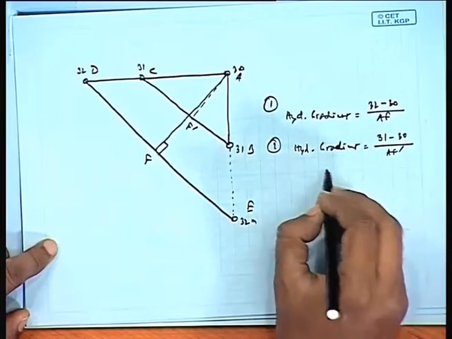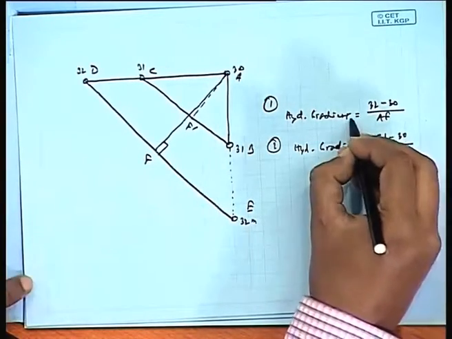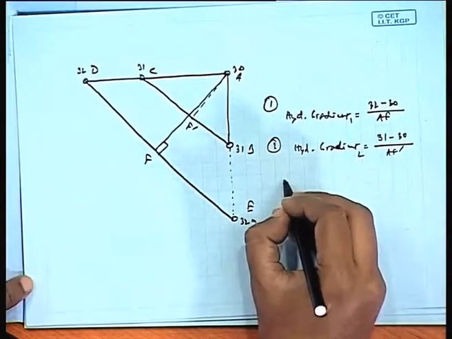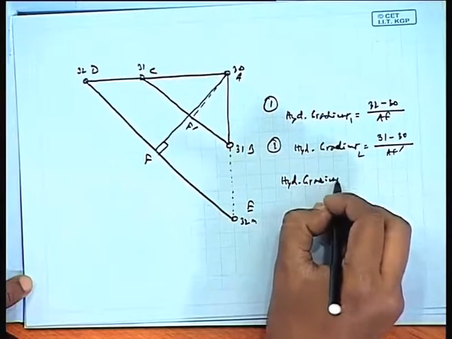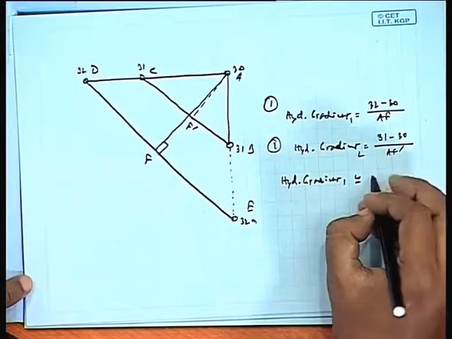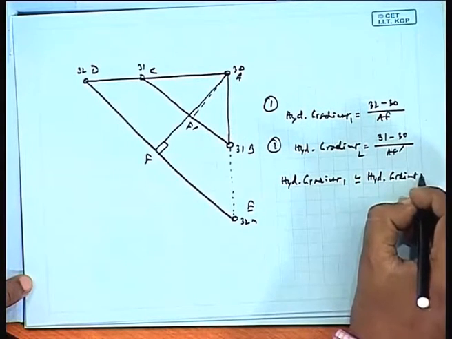Both of them would be quite the same. If you say this is 1, this is 2, we generally find that hydraulic gradient 1 would be similar to hydraulic gradient 2.